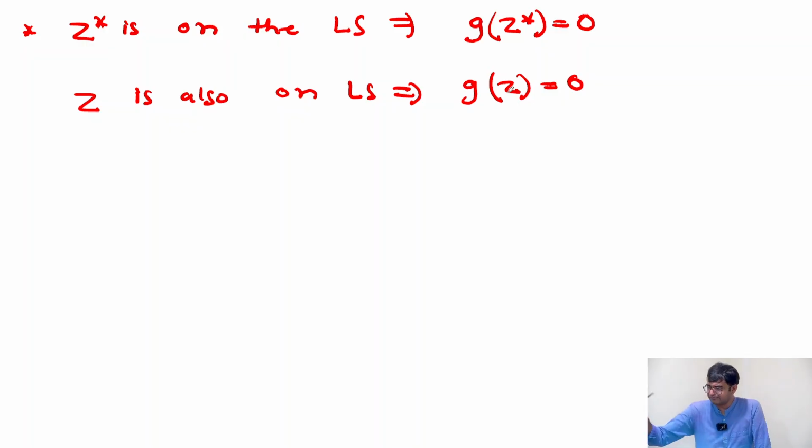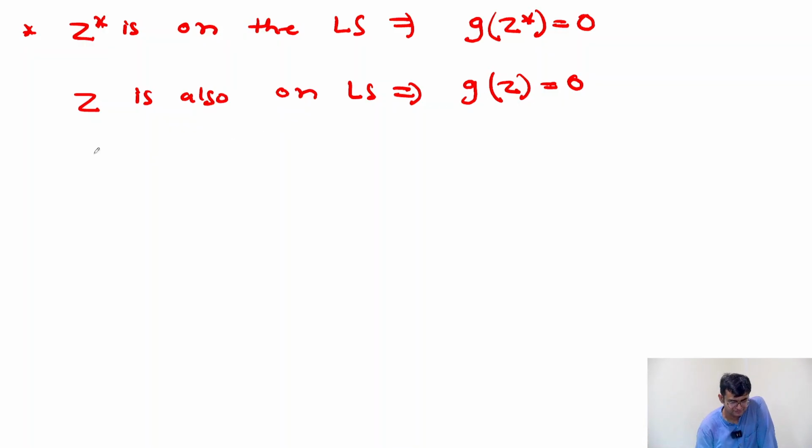So z is some nearby point of z star, and because we are using a second order approximation, we can assume that. For first order you cannot, because even a small delta will not be on the surface, since it's a tangent, right?